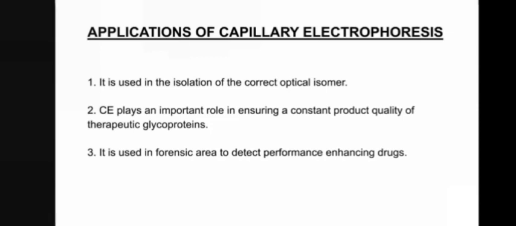Applications of capillary electrophoresis: it's used in the isolation of the correct optical isomer. It plays an important role in ensuring constant product quality of therapeutic glycoproteins. It's also used in the forensic area to detect performance enhancing drugs.